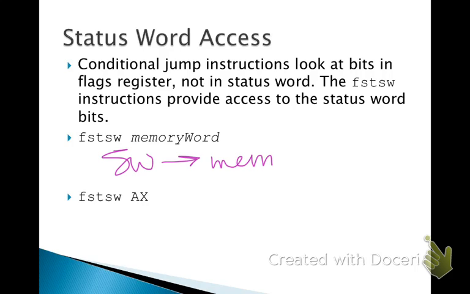The other one is for storing the status word in AX. Okay, there are similar instructions available for the control word if I need to get to those bits, but for now the status word is what we're interested in. So let me show you an example that may come in handy.